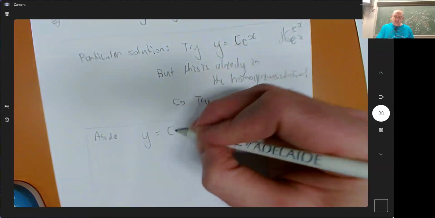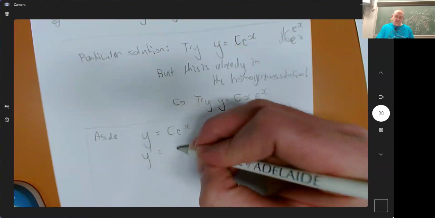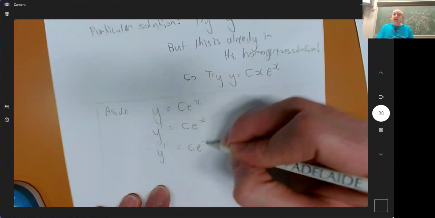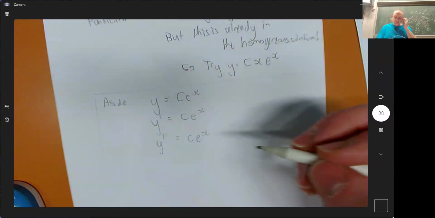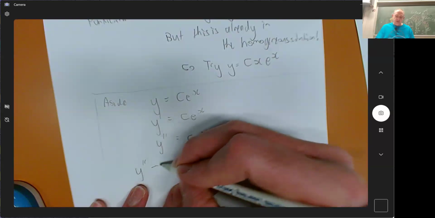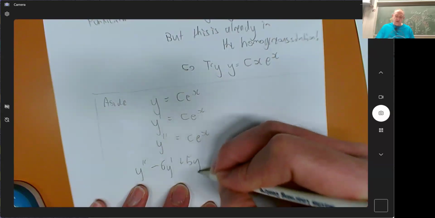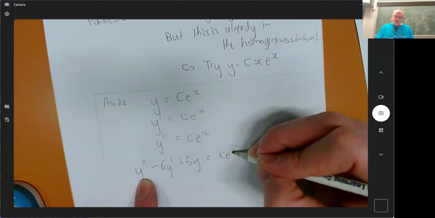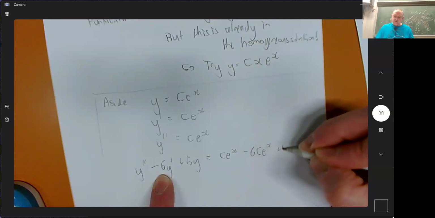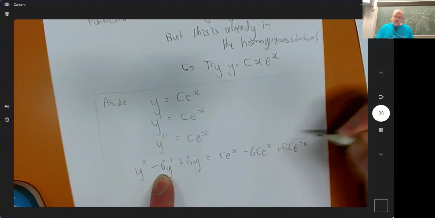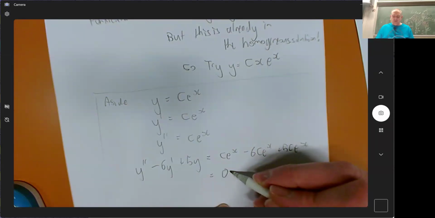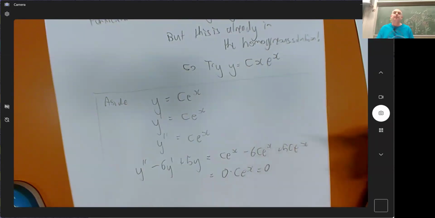If y was c e to the x, then y dash would be also c e to the x. Y double dash would be also c e to the x. And so therefore, y double dash minus 6y dash plus 5y would turn out to c e to the x minus 6c e to the x plus 5c e to the x. And I would get 1 minus 6 plus 5, which is 0 c e to the x, which is 0.